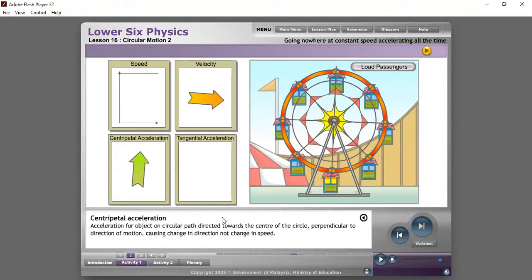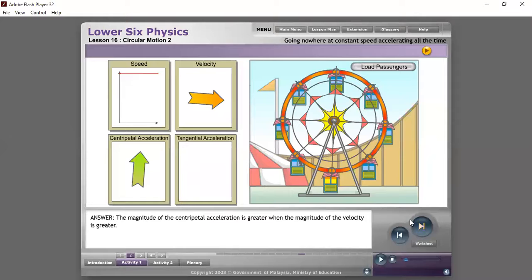The acceleration of an object in a circular path is directed towards the center of the circle, which is perpendicular to the direction of the motion, causing a change in direction, not a change in speed. Answer: the magnitude of the centripetal acceleration is greater when the magnitude of the velocity is greater.